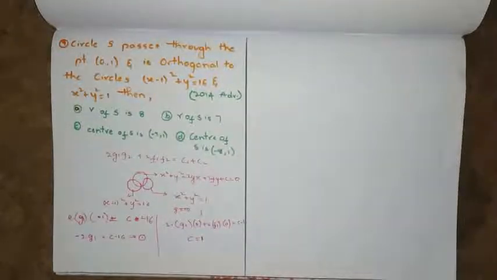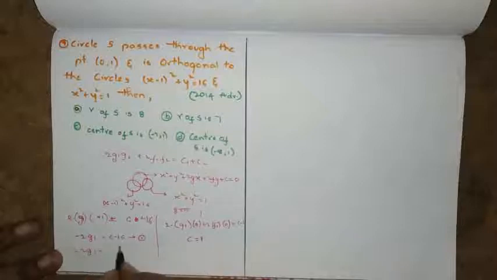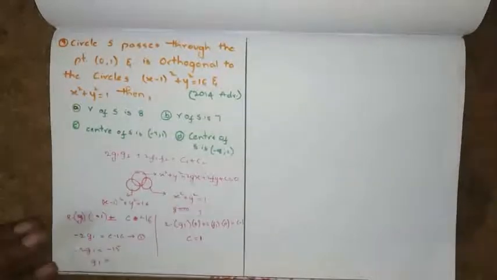Okay, I have to get the f also. From this can I say that minus 2g1 is minus 15, then it will become g value is, wait, something wrong happened here, minus 15.